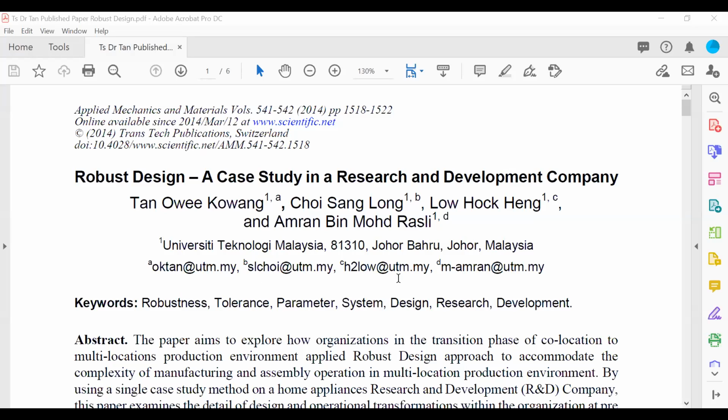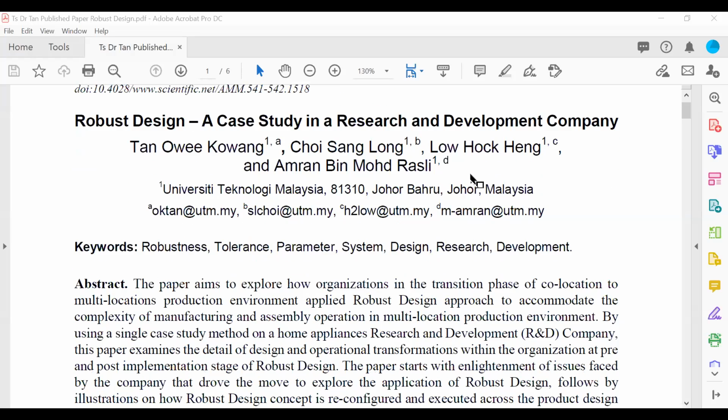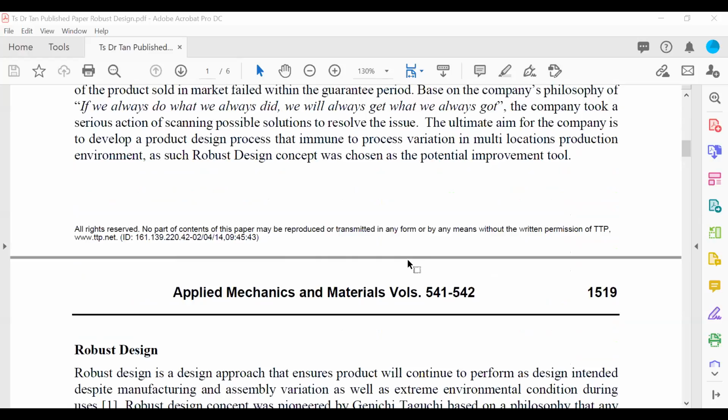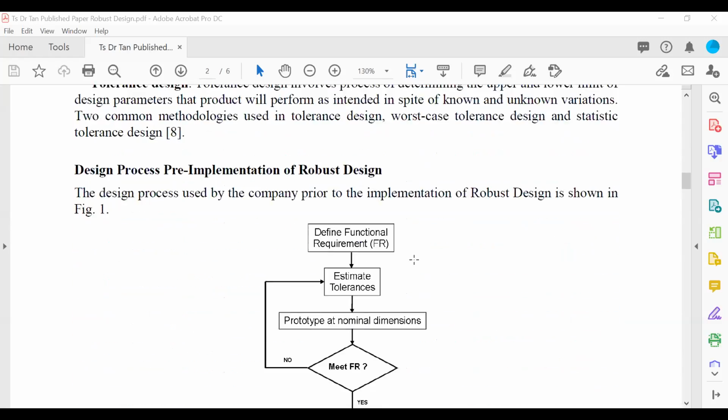The others retired or resigned. This paper is about robust design in one of the companies, an actual case study of robust design. So what is this talking about? Do I have the picture here?